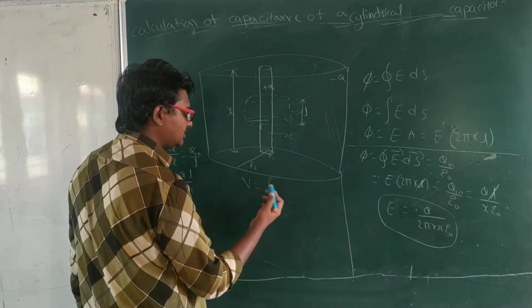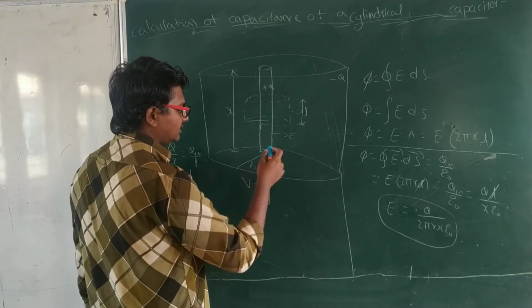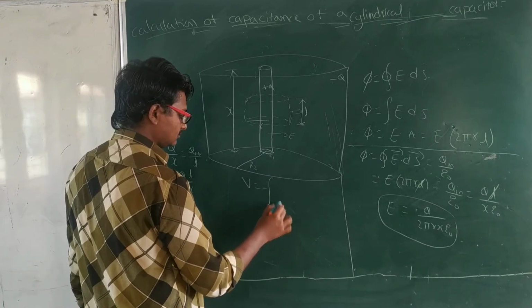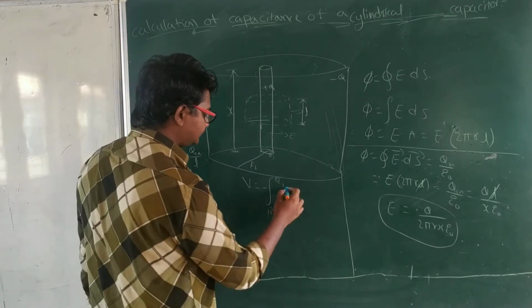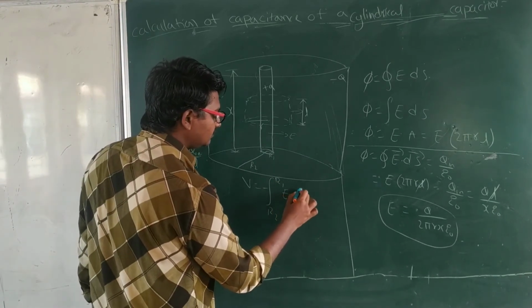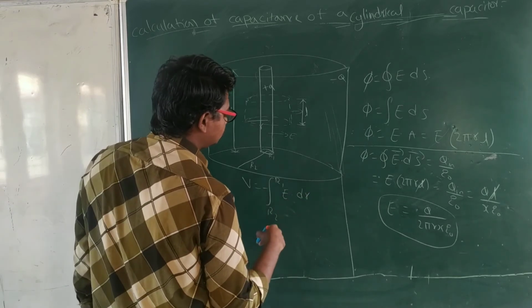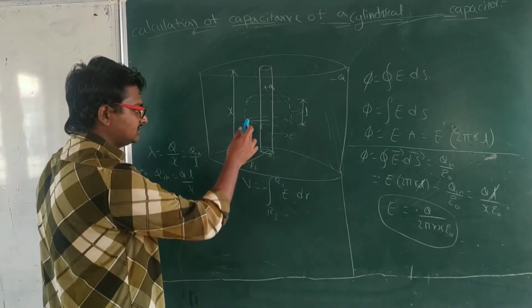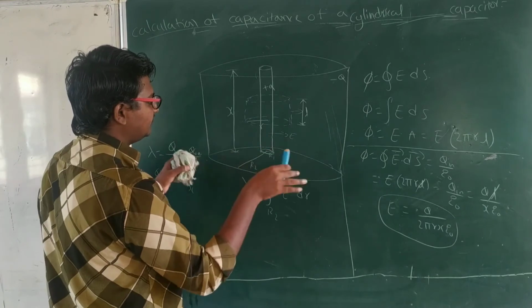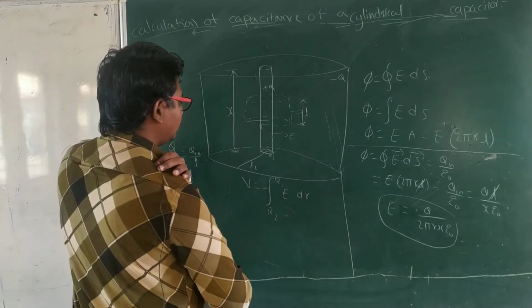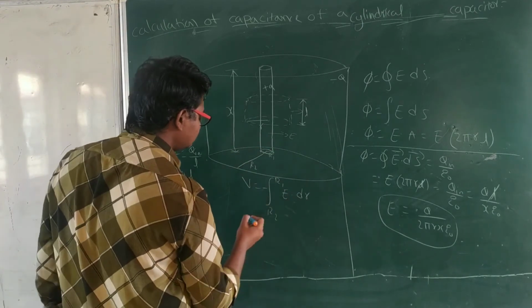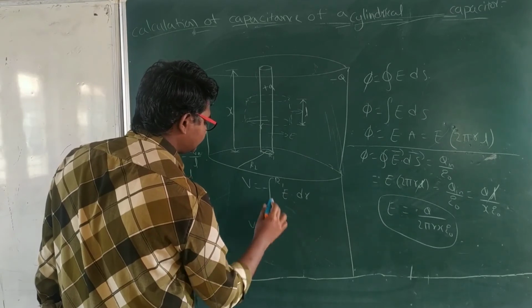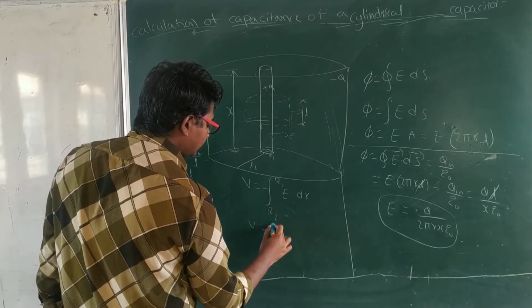V is equal to again the same integral, minus the integral with limits from R2 to R1 of E into dr, where r represents this length, the Gaussian surface length. That one only we are considering here. Then V is equal to the E value.